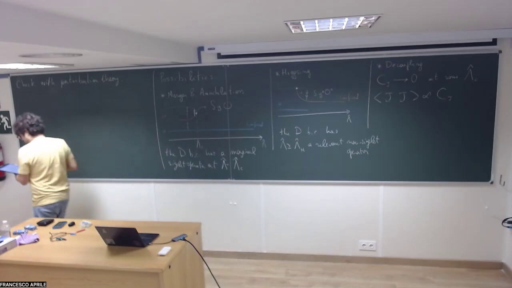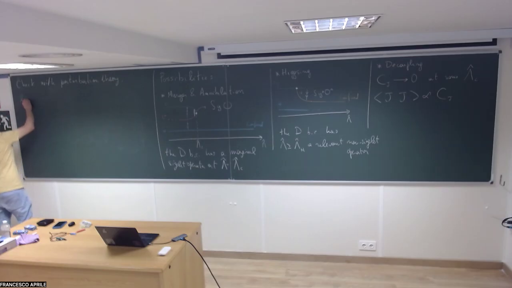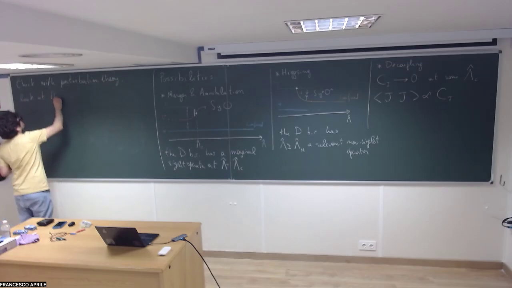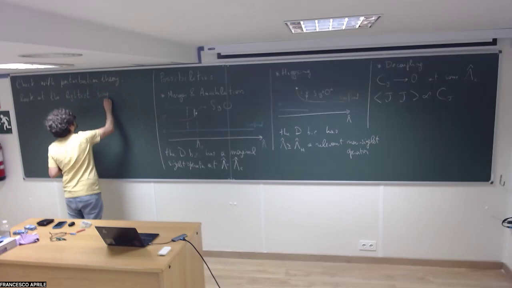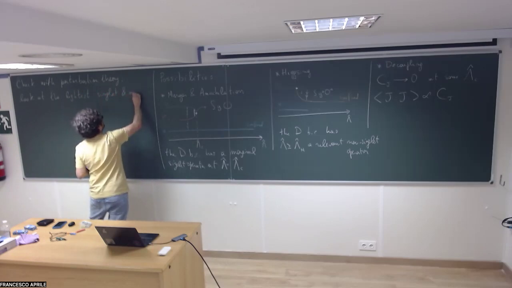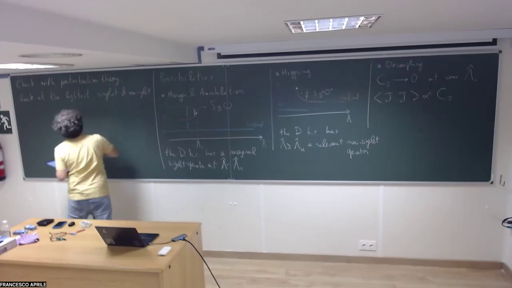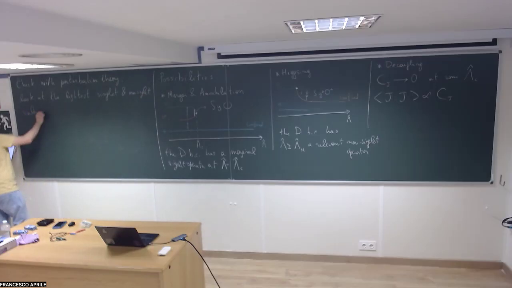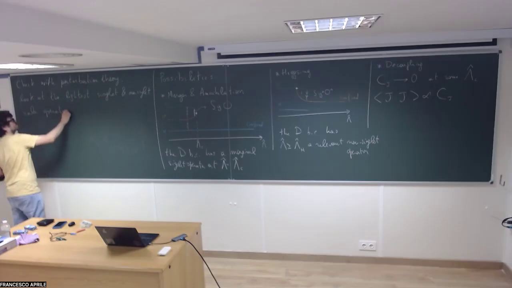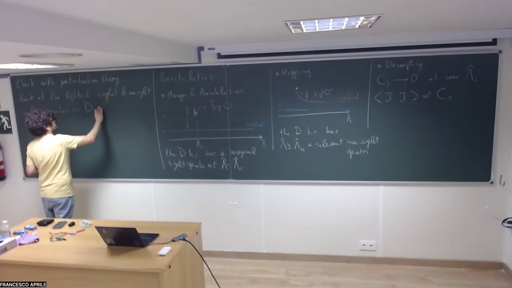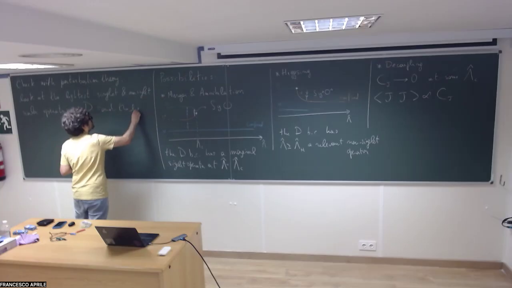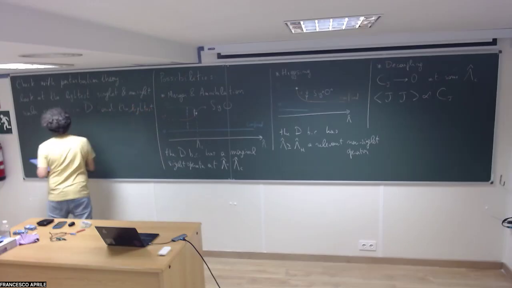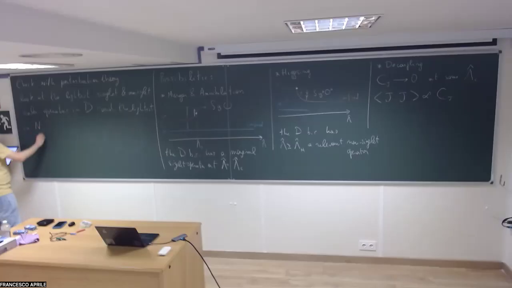So what we did is that we took the lightest singlet and non-singlet scalar operators in D. And also, since we're there, the lightest in N. And compute scaling dimensions in perturbation theory.